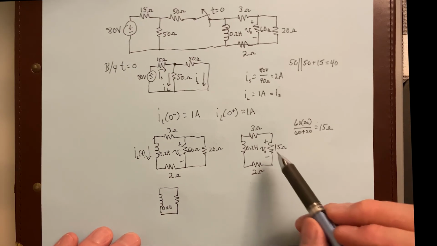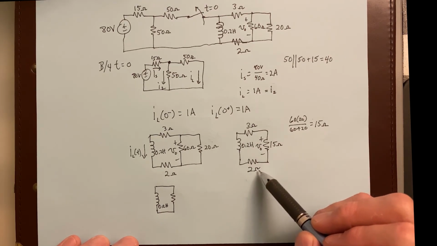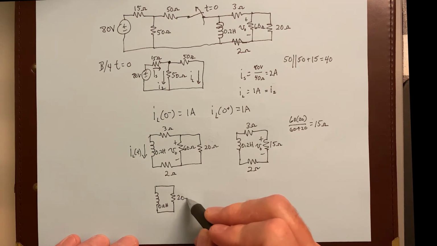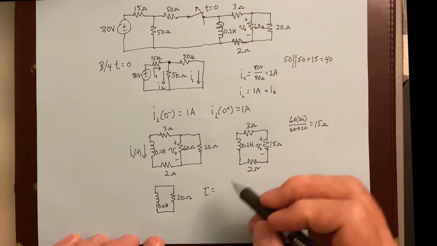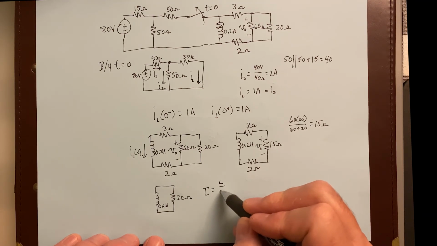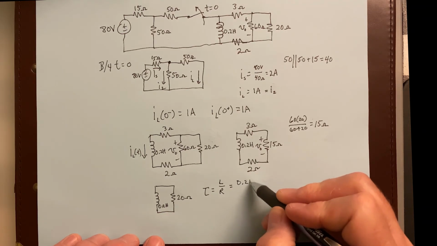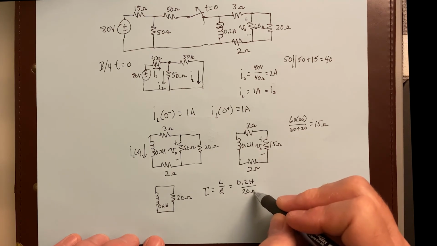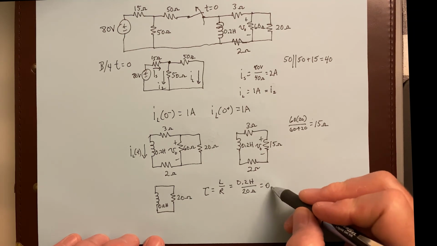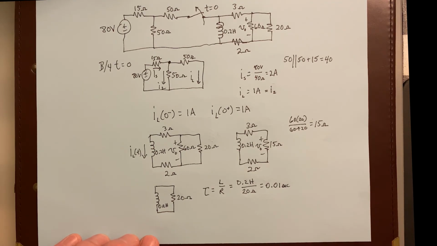Now you can see this is a 15 plus a 3 plus a 2, so this is going to be 20 ohms, and our inductor is 0.2. So tau, which is L over R, is going to be 0.2 Henry divided by 20 ohms. Do that and you end up with 0.01, and the unit is seconds here.